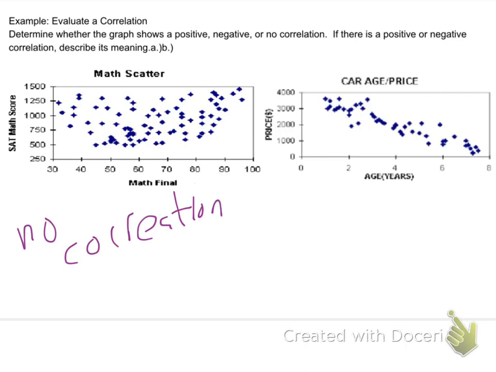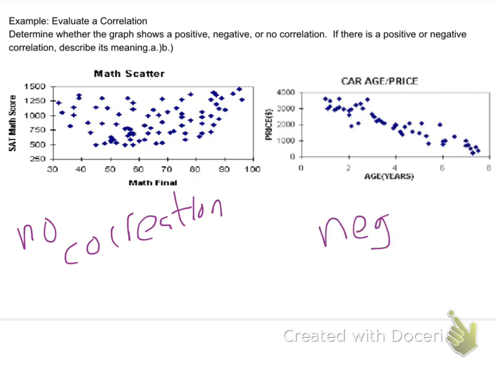The second one, the car's age versus price. Well, this kind of makes sense here, is that as the car gets older, usually the cars lose value. So as you can see that as the years go up, the value, which is $4,000 for a car, this must have been like back in the 70s or 60s, and the value goes down. As x gets bigger, y's are going down.